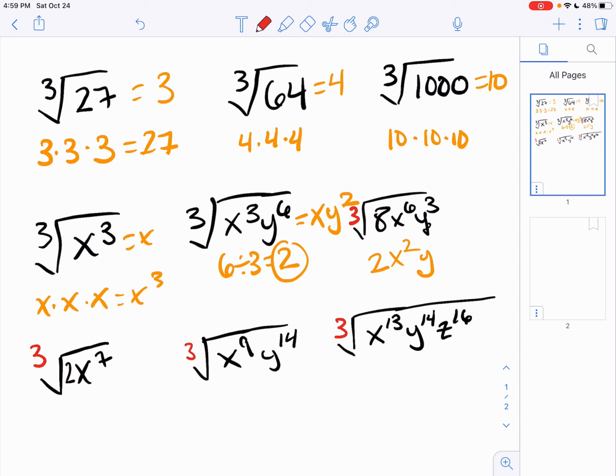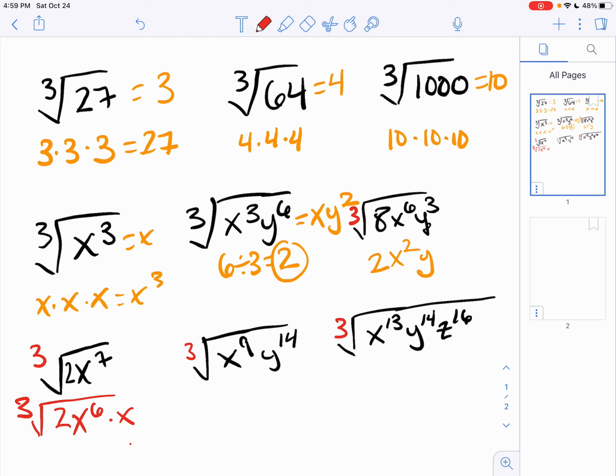Since 7 is not divisible by 3, I can't just take that out of the root. But what I can do is change it into x to the 6th times x. The reason I'm going to do that is because 6 is divisible by 3, like we've been doing. So the cubed root of x to the 6th will be x squared.